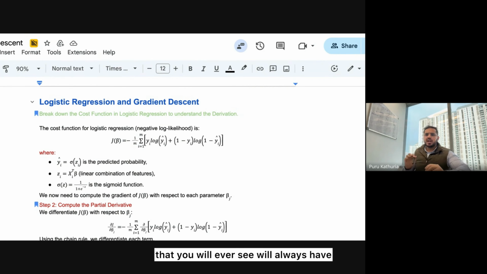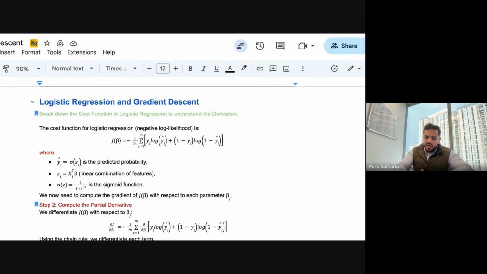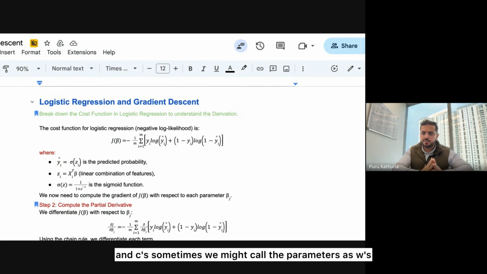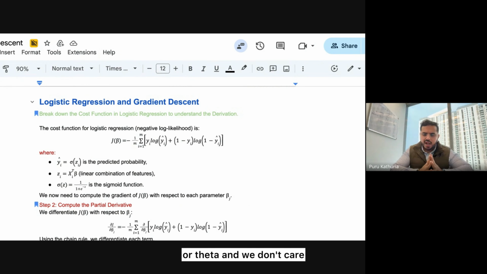Every loss function that we will ever see will always have y hat, which is the predicted y. And the predicted y is going to be a function of parameters. Sometimes we might call the parameters m's and c's. Sometimes we might call the parameters w's and b's. Sometimes we might call the parameters beta or theta. And we don't care how many parameters we have.